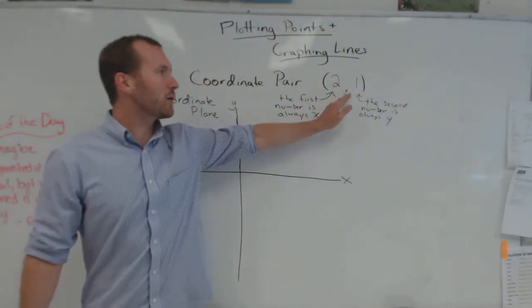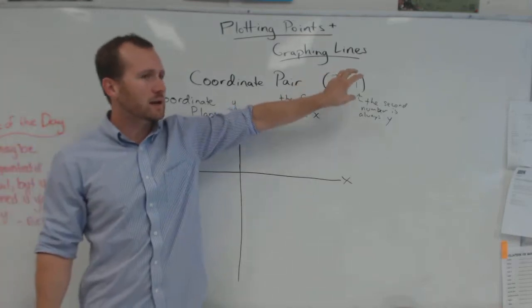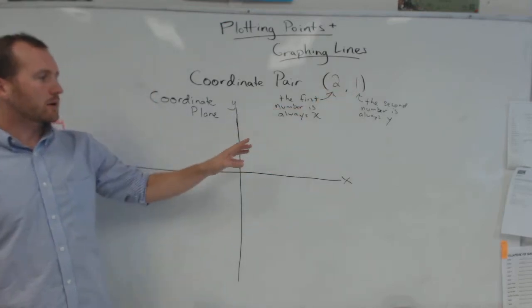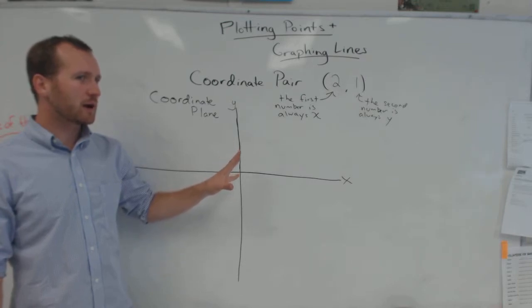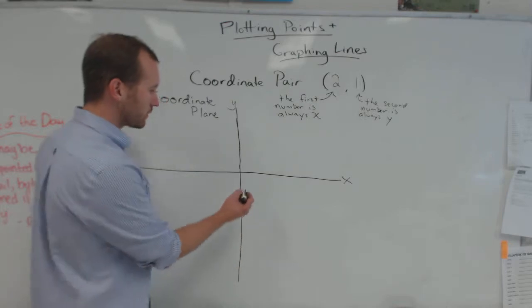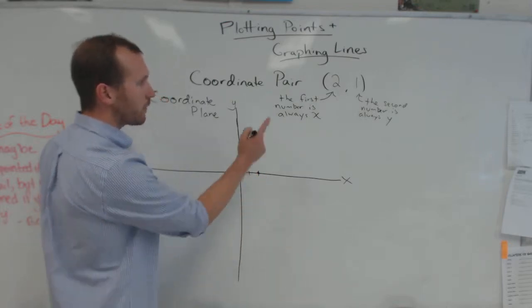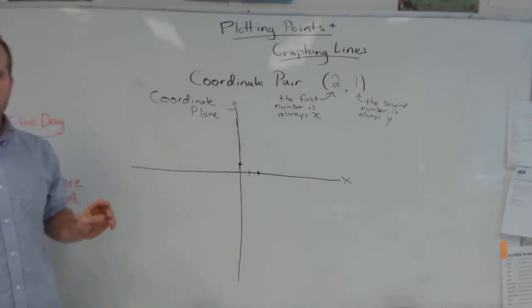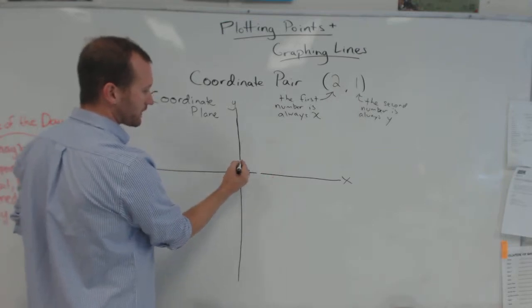Now, if we're going to put a coordinate pair on a coordinate plane, we just take one part of it at a time and then combine it. There's a couple things that people sometimes do wrong here. The first thing is people will go, oh, my x is 2, 1, 2. Okay, my y is 1. Okay, I did it. The trick is that you have to do both for the same point.